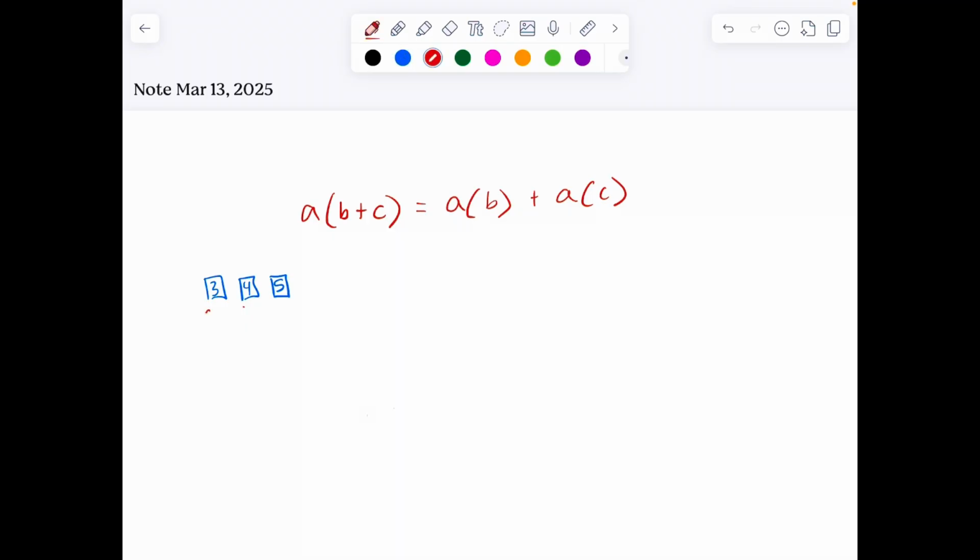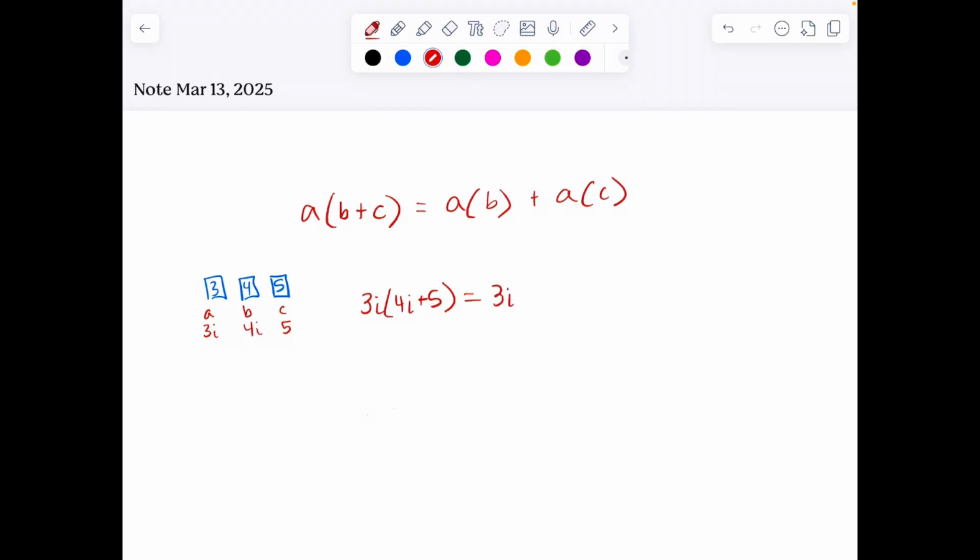So I'm going to make this A term 3i, my B term 4i, and my C term will just be 5. So if I plug that into my equation over here, that's 3i times the quantity 4i plus 5. And that 4i plus 5 cannot be simplified within the parentheses, so we have to distribute this out.